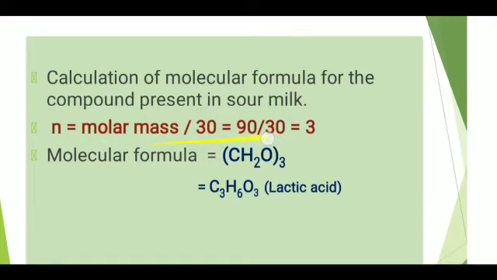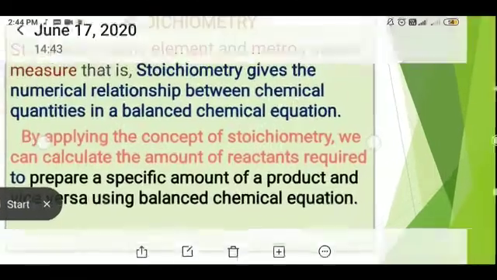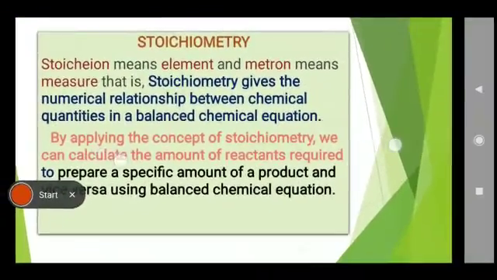So N is equal to 3. So let's write the molecular formula, children. CH2O into 3: C into 3, C3, H2 into 3, H6, O into 3, O3. So what is the molecular formula? C3H6O3. So what is the acid? Lactic acid.